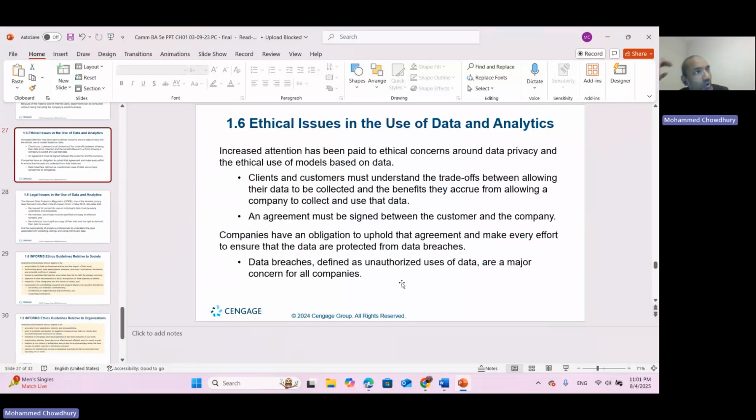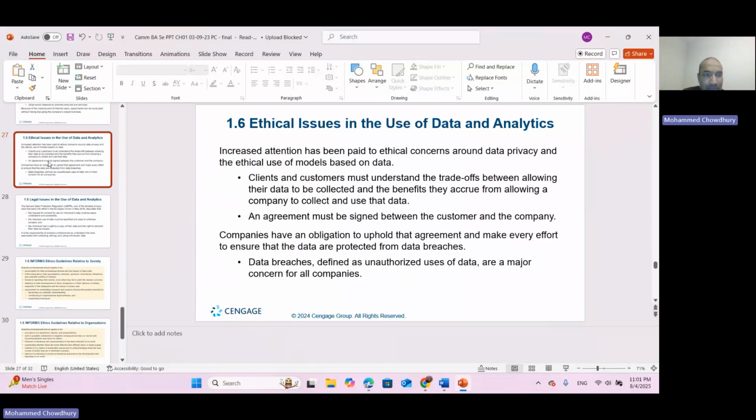Ethical issues. So when we use the data, we should be careful that people's personal information should not be exposed publicly. That is why the European Union made a very strict rule about data privacy.